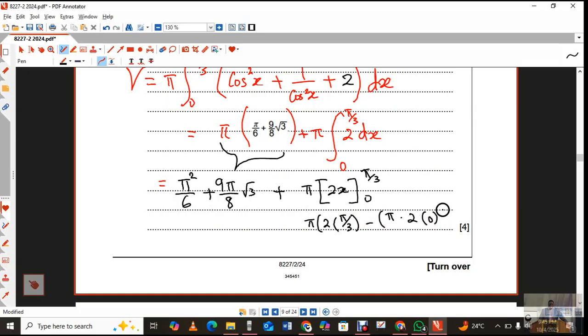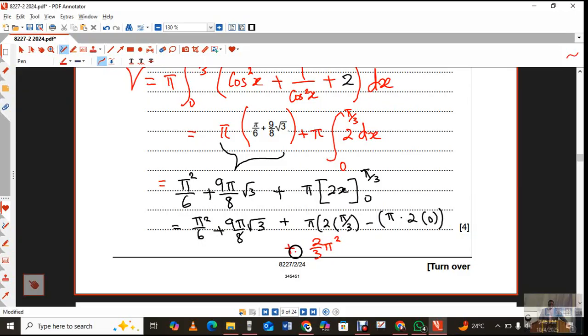Okay, if you do this other part, this one we're just going to write as it is. It's pi squared over 6 plus 9 pi over 8 root 3. Once you do this part, it becomes 0. And if you do this, you have got 2 over 3 pi. So I'm just going to write it under here, see if I have space. This part becomes 2 over 3 pi squared.